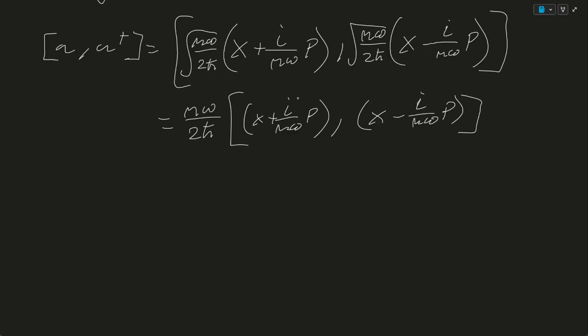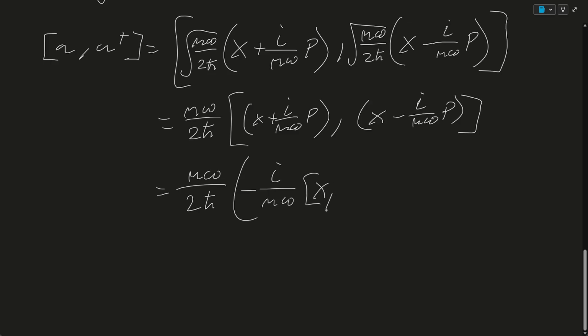We know xx and pp commutators are 0, so this will just be x comma p, because of course the other terms are going to be 0, plus i over m omega p comma x.